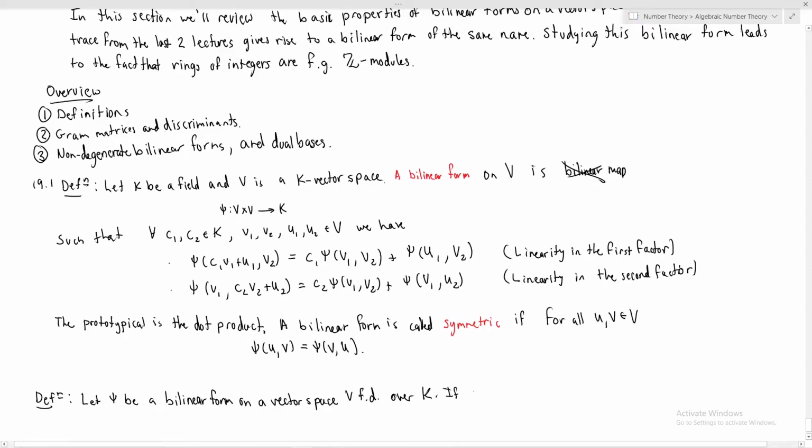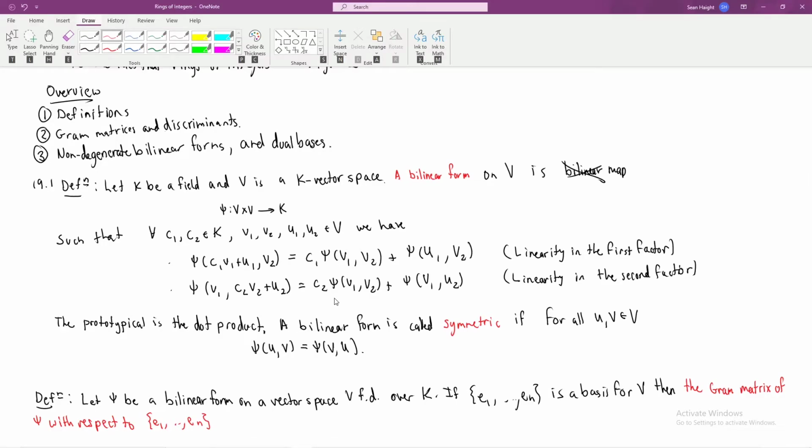So if E1 through En is a basis for V, then the Gram matrix of psi with respect to this basis is, how do I define the Gram matrix?